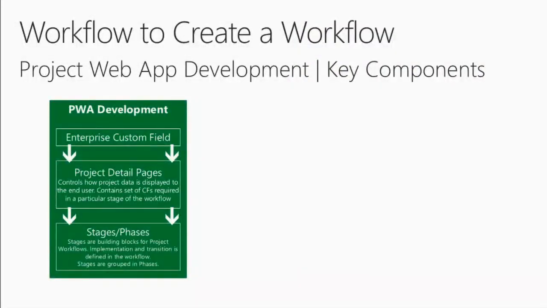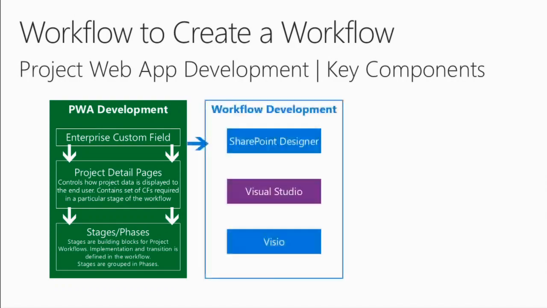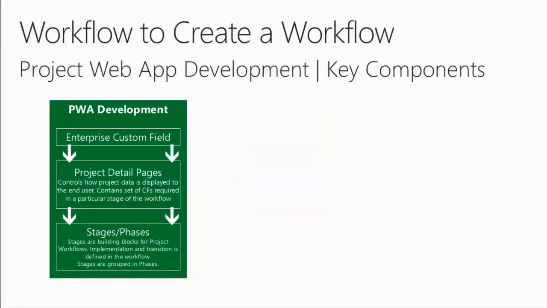So I kind of created a workflow for creating a workflow. So you start in PWA development. You create the enterprise, this one. You create the custom fields. You create the PDPs, project detail pages. You put custom fields in the project detail pages. You can add custom web parts if you want to do so. You create the stages and the phases. You move next.